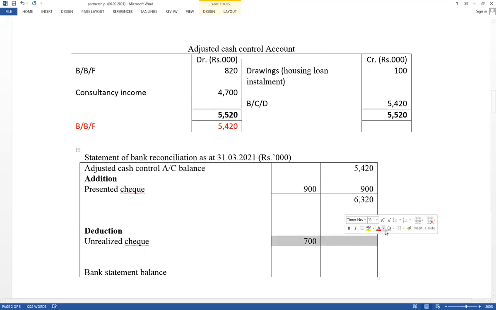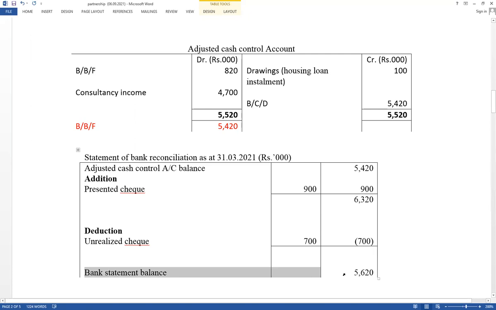Deductions should be deducted. Therefore, deduction 700. Take the answer, 6,320 minus 700, and the value equals 5,620. This is the bank statement balance.